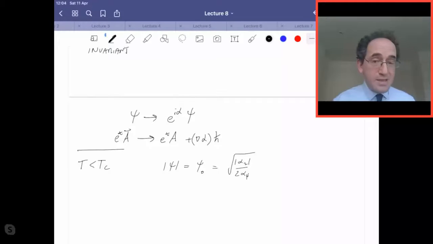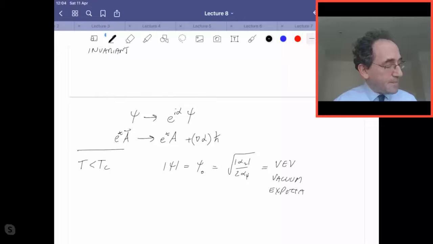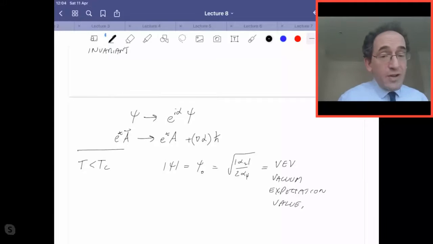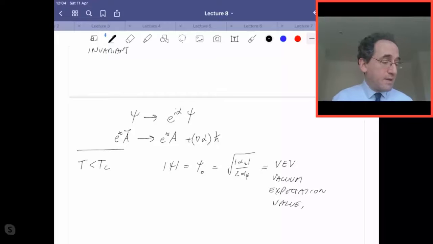This minimizes the free energy. This quantity is known as the VEV in high energy physics, which stands for vacuum expectation value, which tells you that even in the vacuum with no excitations at all, the field psi has a finite value.